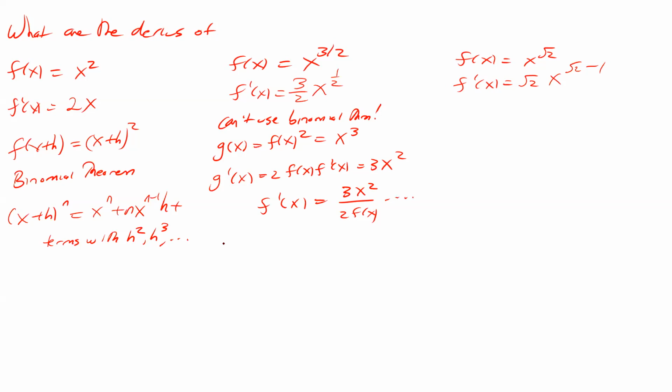The other thing you could do is you could have x plus h to the 3/2 minus x to the 3/2 over h, right? One of the big things in math is to multiply by 1. Anybody know a good way to multiply by 1 here? X plus h to the 3/2 plus x to the 3/2. Beautiful.